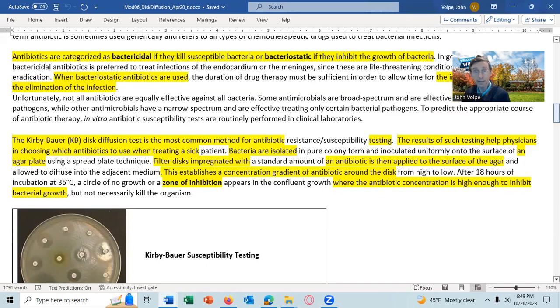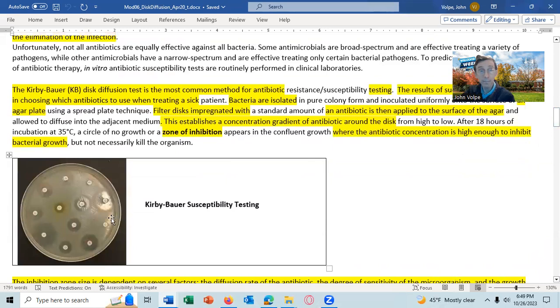Bacteria can be isolated from the patient and grown on an agar plate. An impregnated disc containing different antibiotics can be added, and then you can incubate the plate and look for the zones of inhibition and determine which antibiotic would be the best one to treat the patient's infection.